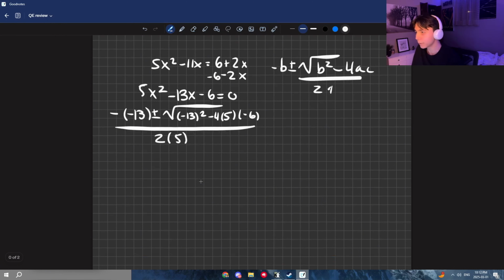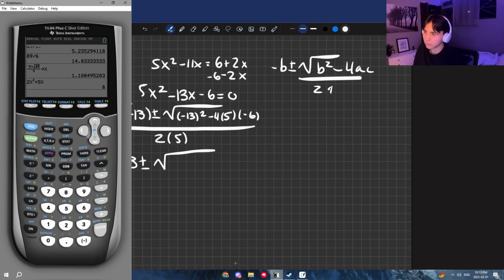Once you plug in all your variables, you can begin to simplify. So you have the negative out front, so we just get 13 plus or minus the square root, and we have 13 squared. You just put this all in your calculator: 13 squared minus 4 times 5 times negative 6, and that gives you 289.